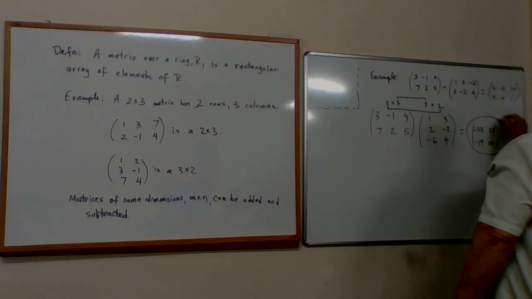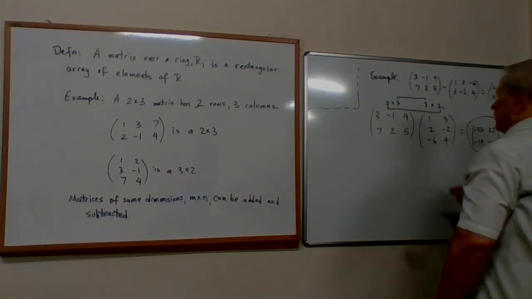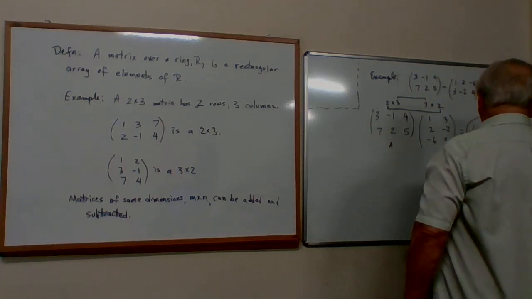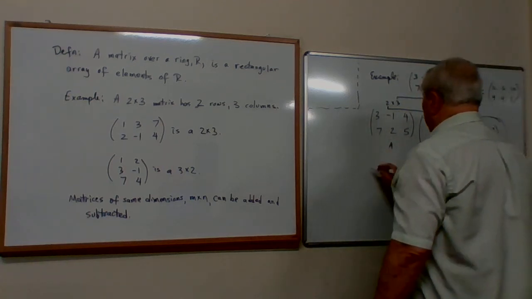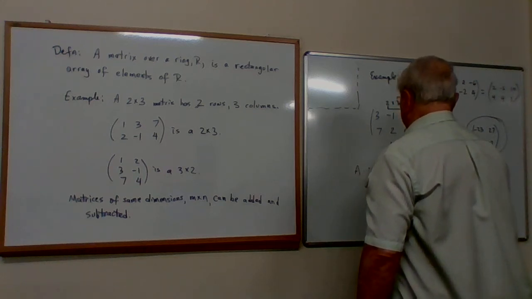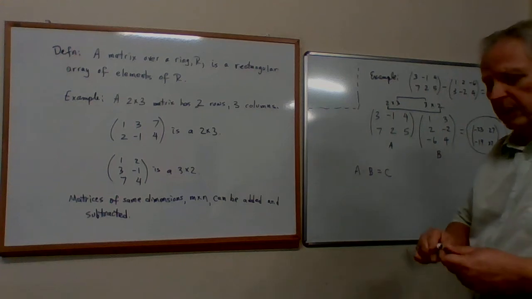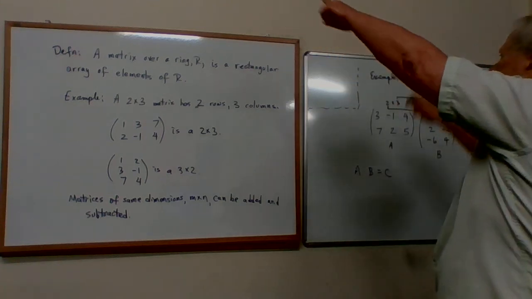And this is the product. If this matrix is A, and this matrix is B, and this matrix is C, then A times B equals C. And that is how you multiply matrices.